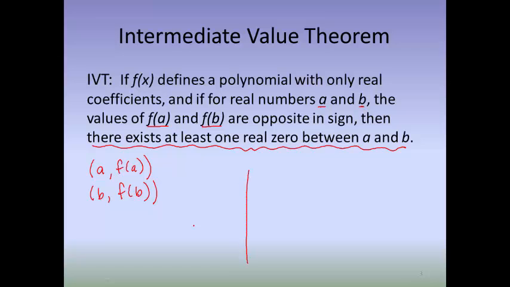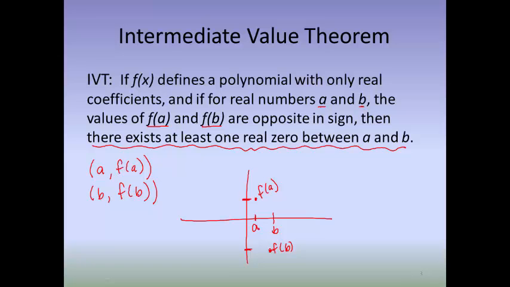So let's draw a picture. Let's suppose we have a right here and b right there, and f of a is right here. So this ordered pair is a comma f of a. And then we've got b, and f of b, which is the y value that goes with it.